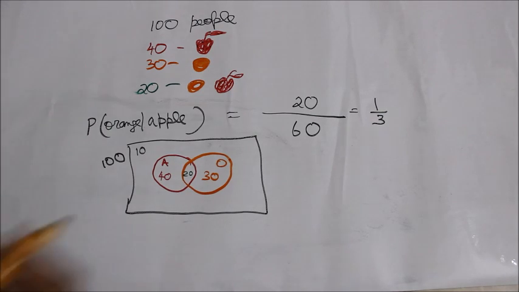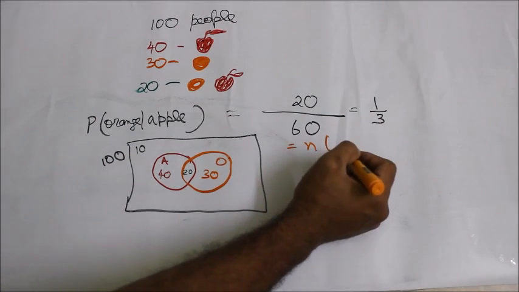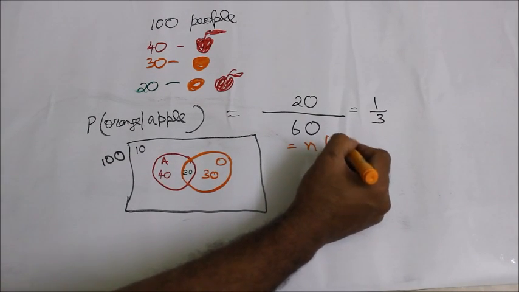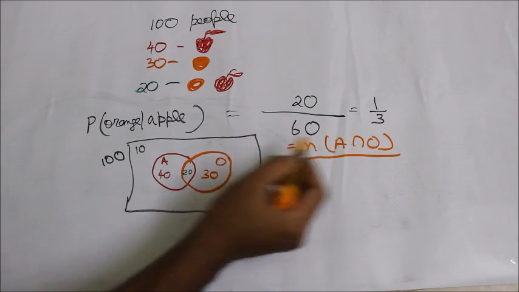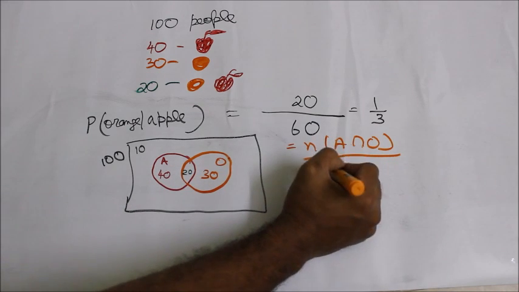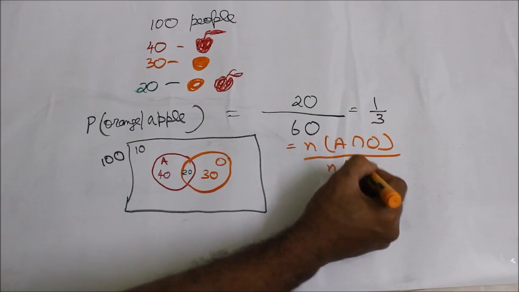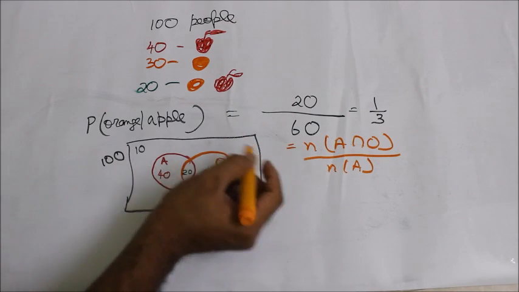Now what in essence we've really done here is we've started out with the number of observations in apples intersection oranges, the number of people who like apples and oranges, which is the intersection over here, divided by the total number of people who like apples, which is 40 plus 20, which is 60.